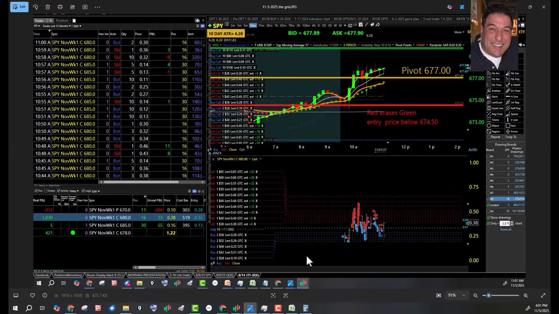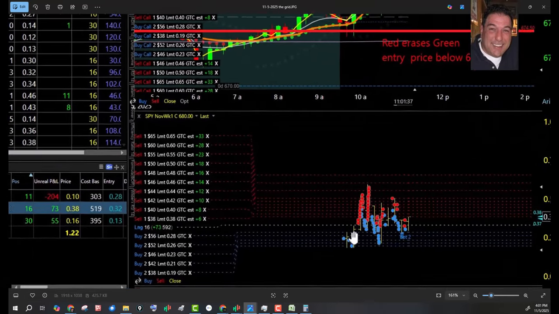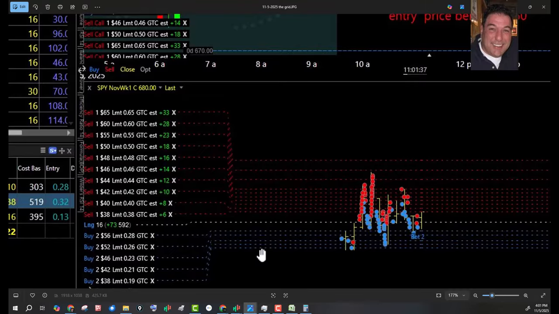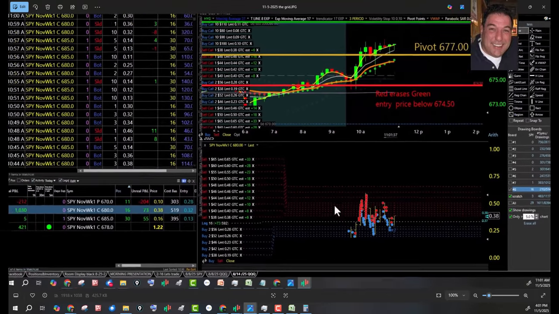And you can barely see it, but I'm going to zoom in on it. This is what I call a grid of sell orders up top here. So I fan out. I've got 16 contracts long, and I fan out my grid of sell orders. So price runs into it. This is my option candle. Remember that. And zoom back out.